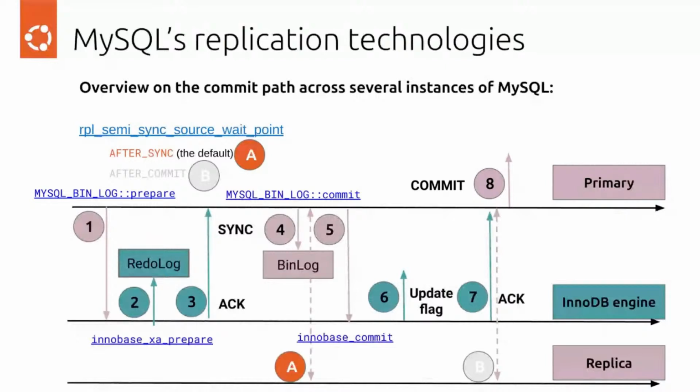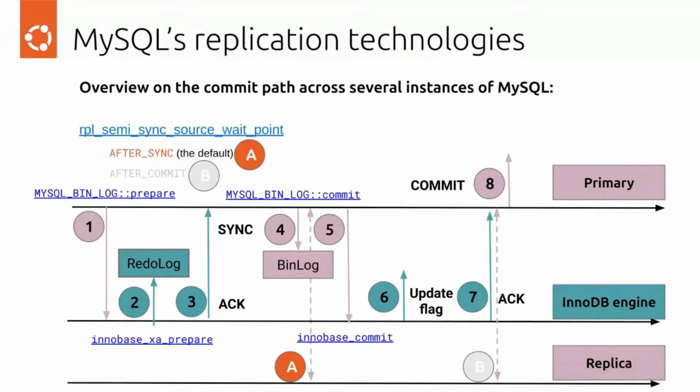By default it is after sync, meaning after the sync to the bin log: the primary, after syncing to the bin log, will make sure that at least one, or the configurable number of replicas, did receive the change, and only then will it issue the commit instruction to the InnoDB engine. There is another value for that parameter, which is after commit, which I highly discourage because it might lead to perceived data loss.